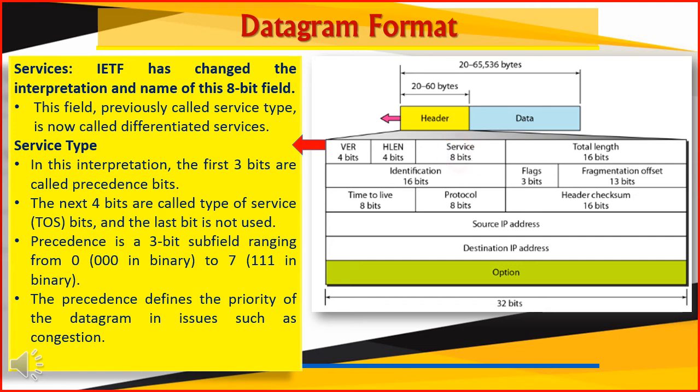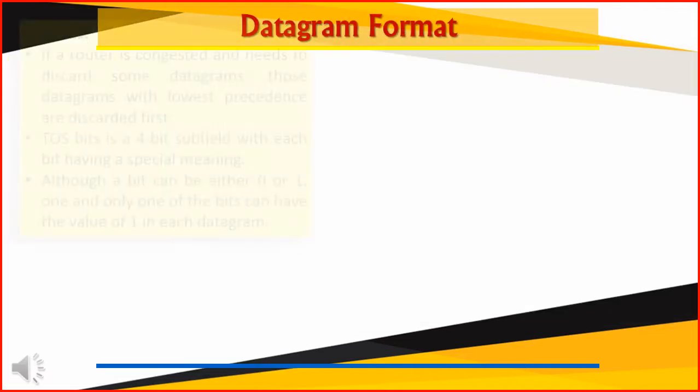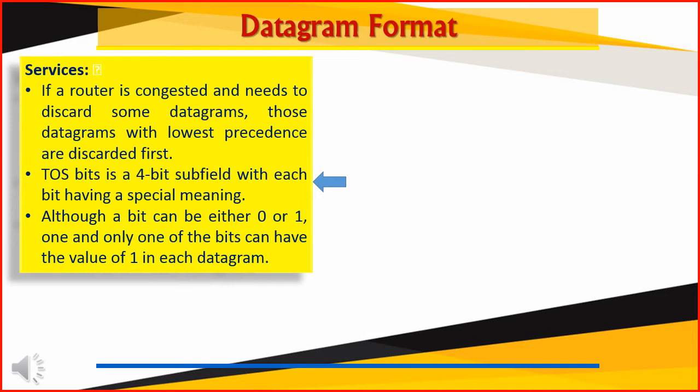Precedence is a 3-bit subfield ranging from 0 in binary to 7 in binary. The precedence defines the priority of the datagram in issues such as congestion. If your router is congested and needs to discard some datagrams, those datagrams with the lowest precedence are discarded first.